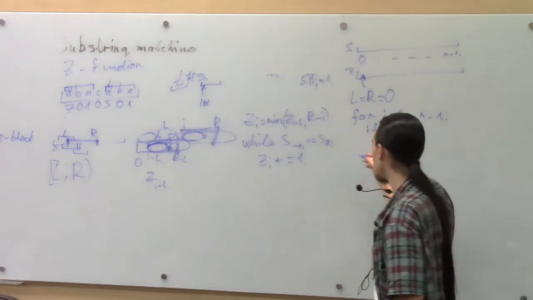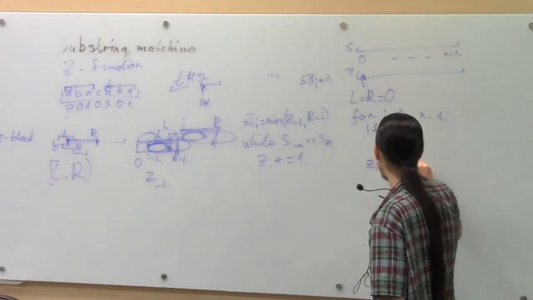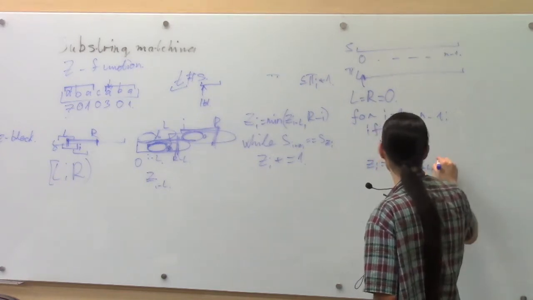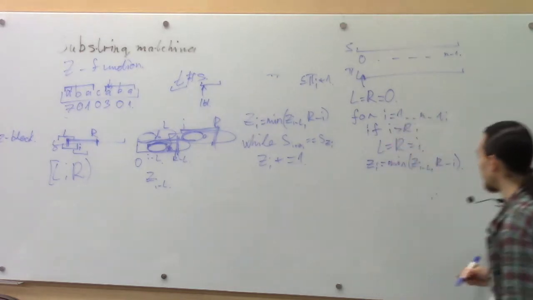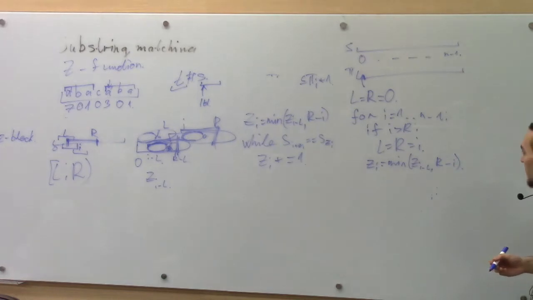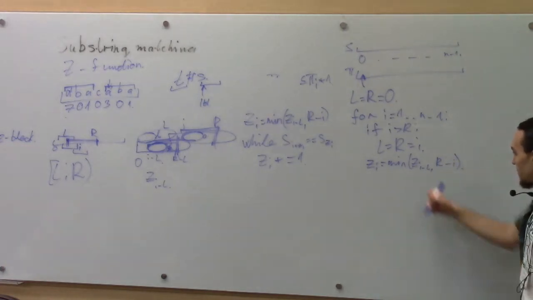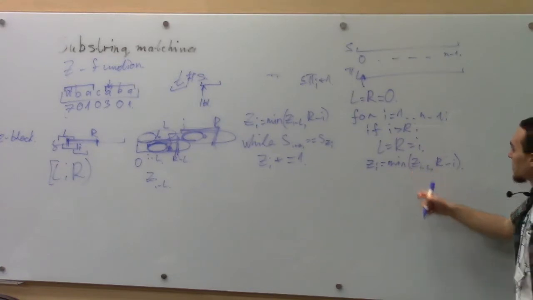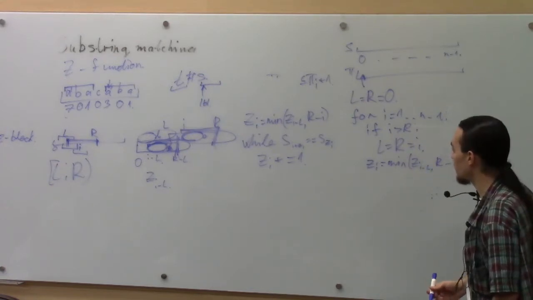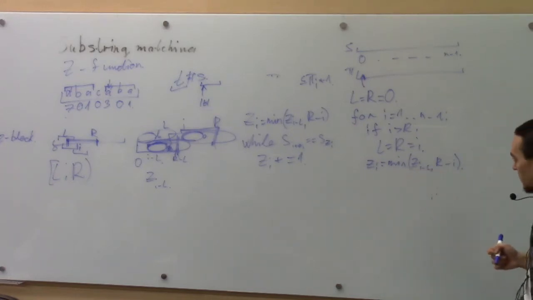Now we do it like this: the minimum of Z[i minus L] and R minus i. The reason we wrote these lines is that if i is greater than R, then this thing is negative, and we don't want that case. Here we use Z[0], which for this particular implementation is convenient to set to 0. That makes sense, I think.